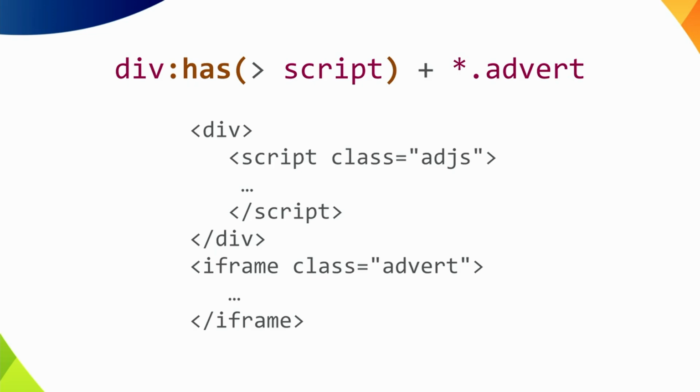And the immediately following sibling of that div is an element with a class of advert, then the element with that class gets matched because it's the last thing in the selector, right? So :has doesn't always have to be at the end of the selector. Here I said, hey, if you've got a div that has a child script and the very next sibling of that particular div is something with a class of advert, match that thing with a class of advert.